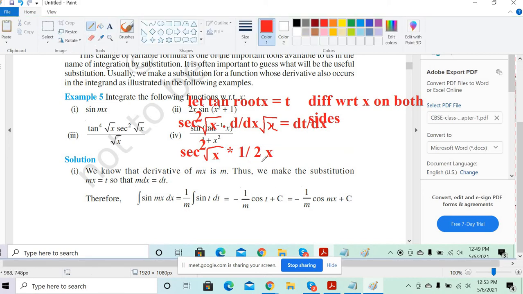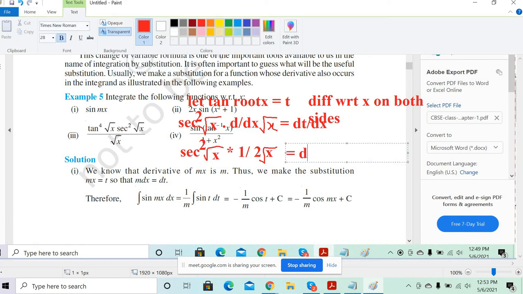Because what is the differentiation of root x? 1 by 2, x power minus 1 by 2. So 1 by 2 root x. Clear? Is equal to dt by dx.